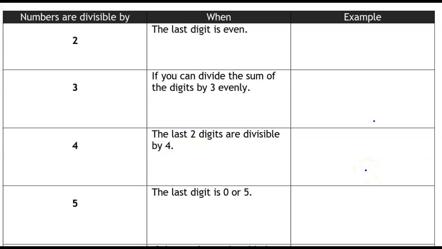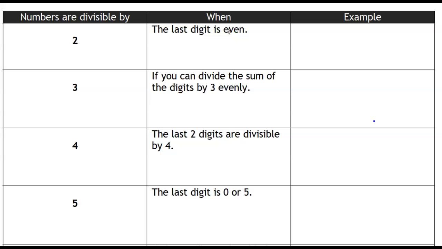So one of the things that can help us out is understanding divisibility rules. When numbers are divisible by 2, then essentially the last digit is even.